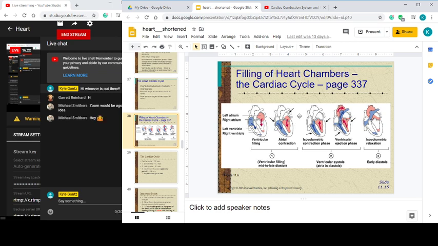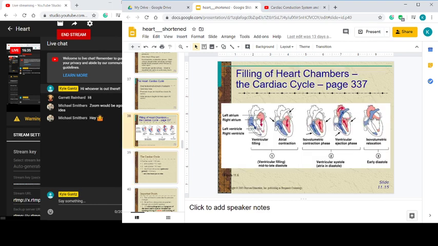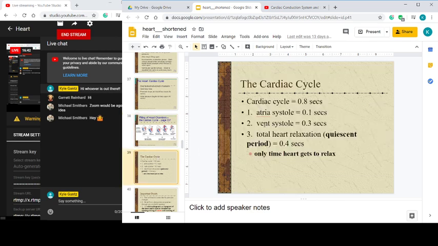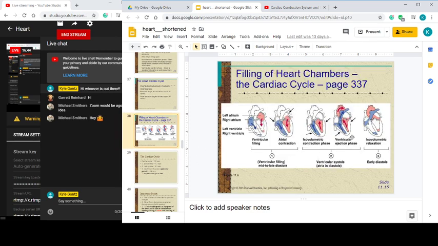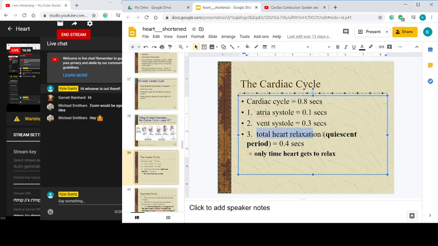So this is 0.8 seconds. All right, 0.8 seconds is all that takes. When you split it up, atrial systole is 0.1 seconds, so this thing right here is 0.1 seconds. Ventricular systole is 0.3, and the total heart relaxes for 0.4.